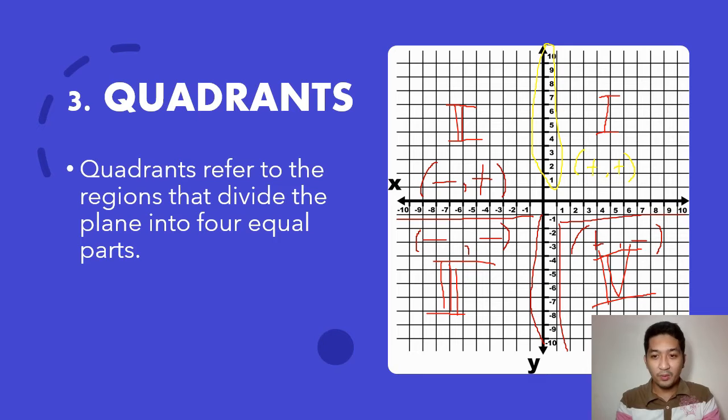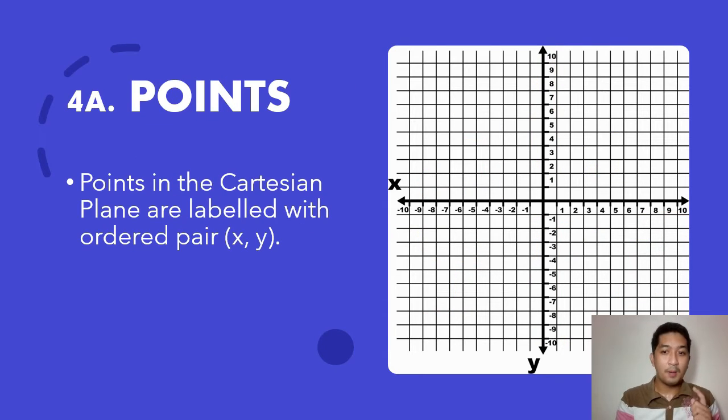Okay, let's go with the next one. Points. I have mentioned this earlier. Points in the Cartesian plane are labeled with the ordered pair x and y. Always remember this type of writing in mathematics.